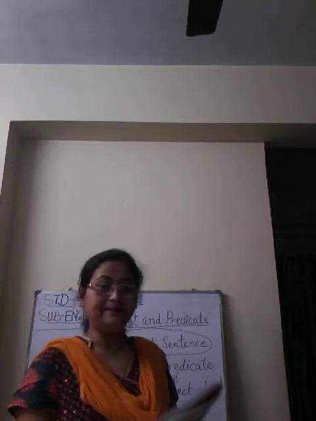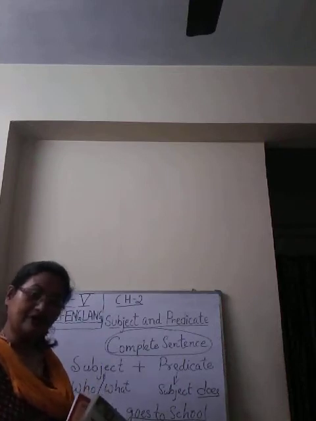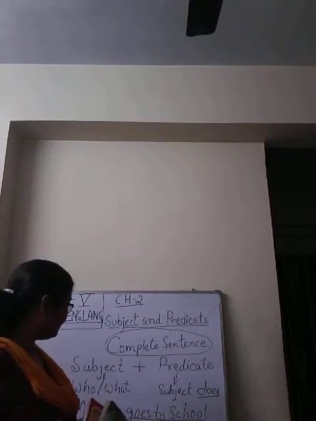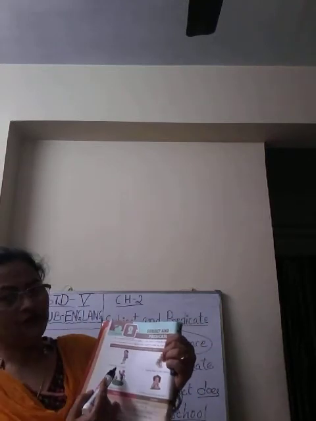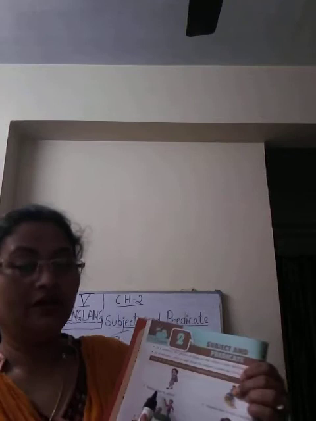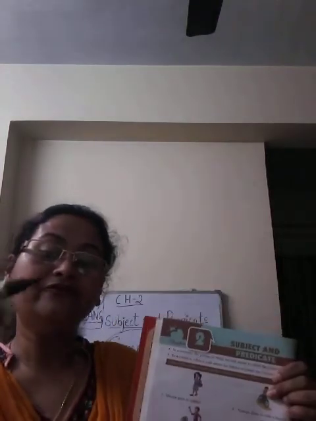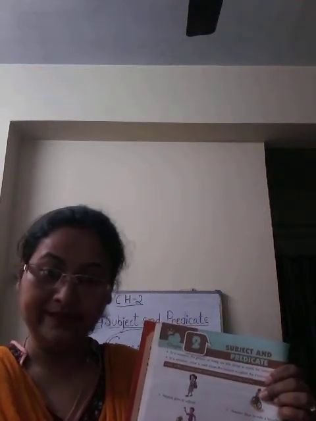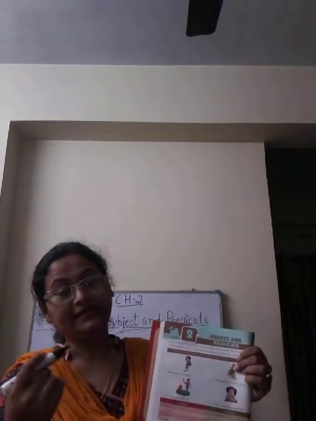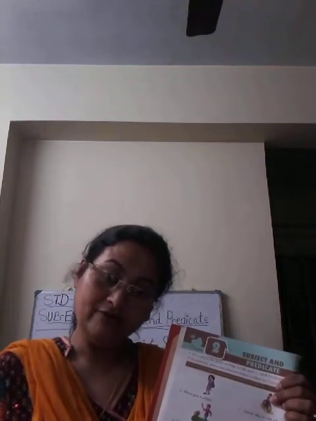And a predicate always contains the verb, it starts from the verb. Here which one is verb? Meena goes to school. So which one is verb here? Goes, isn't it? So from goes to the rest of the words, it is the predicate, and a predicate contains a verb.